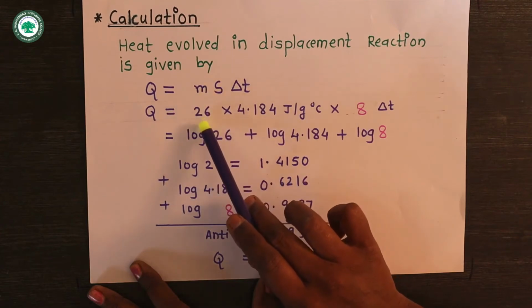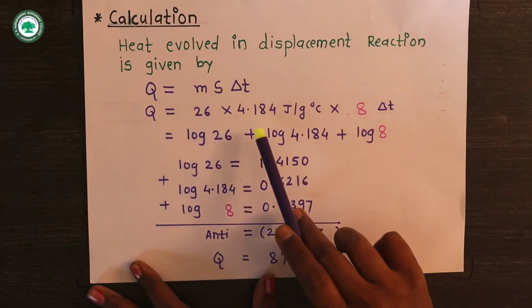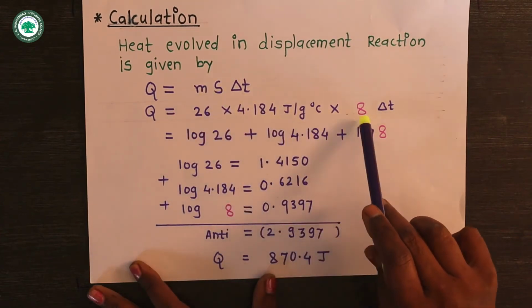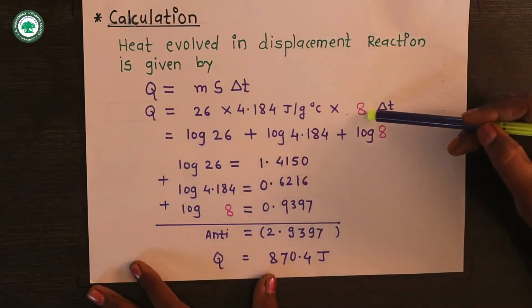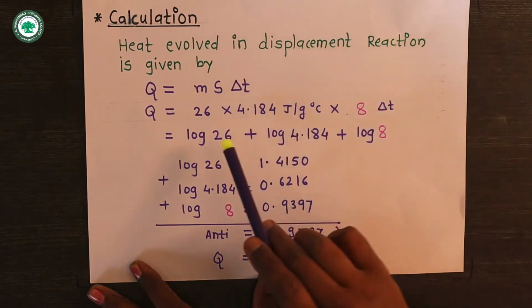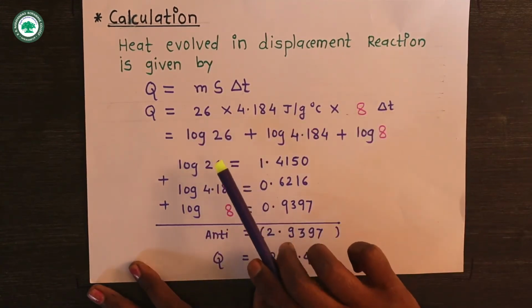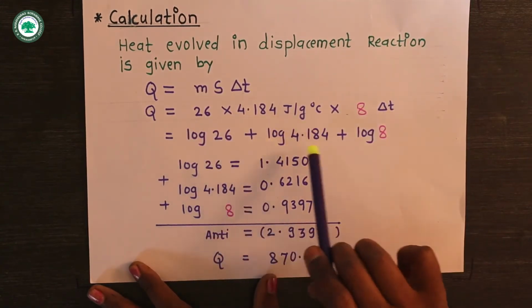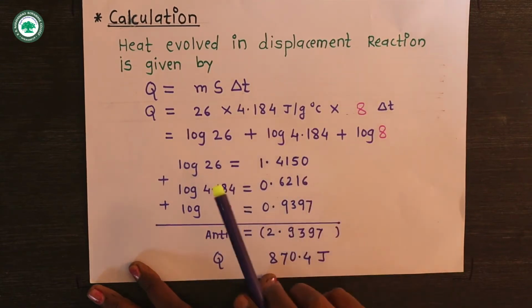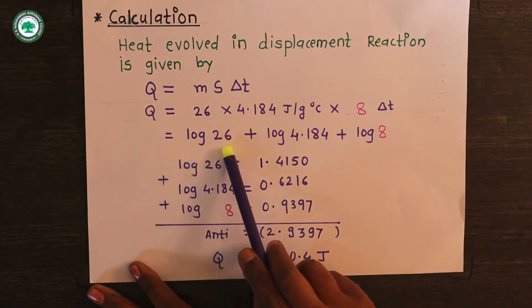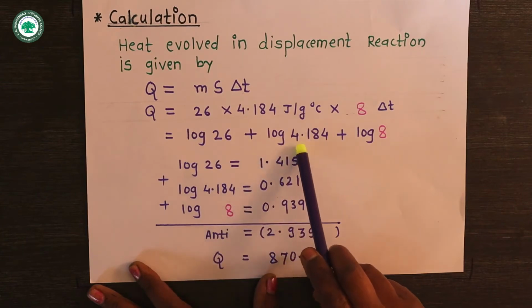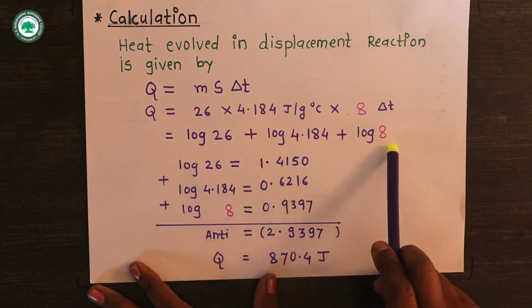Now m is equal to 26, S is equal to 4.184, and delta T is found to be 8. Now here multiple species are there, so we have to consider the summation of their logs. So the next step is log 26 plus log 4.184 plus log of 8.